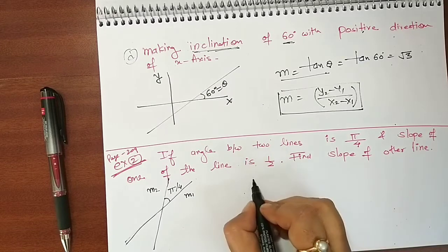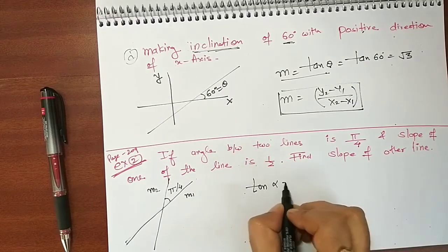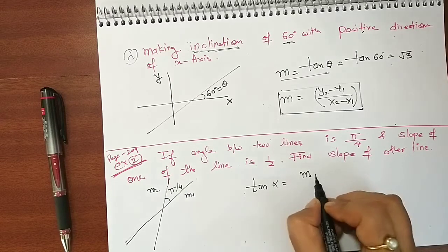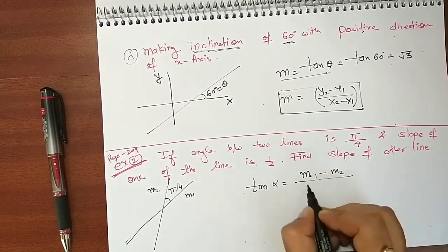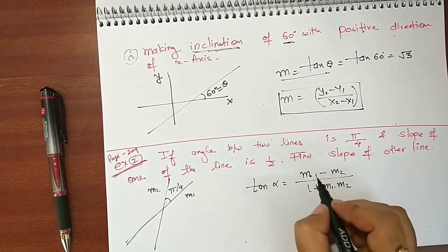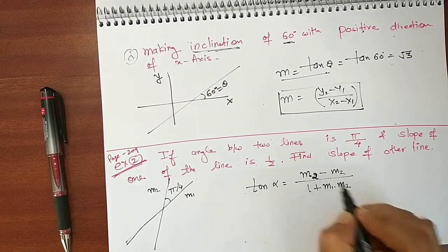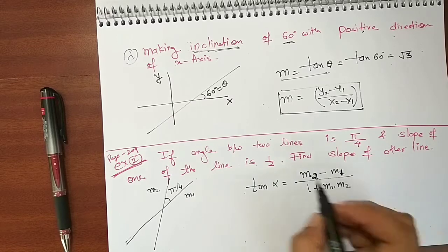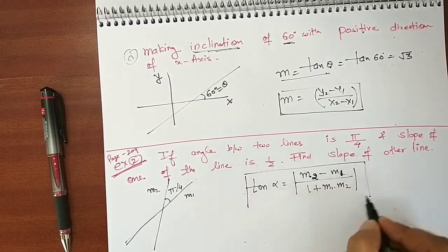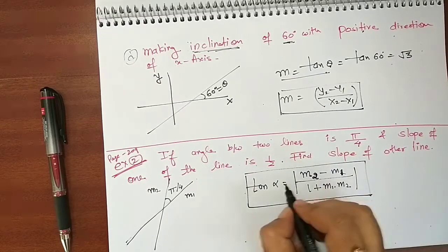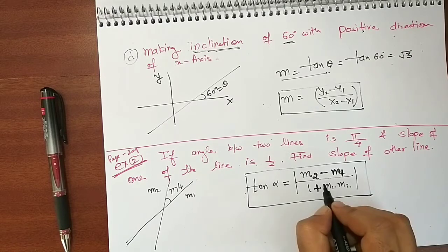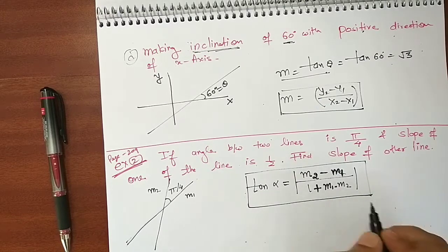Remember, I gave you one formula that tan alpha is m1 minus m2 by 1 plus m1 into m2. Guys, in books it is written m2 minus m1. That is also correct because we are taking mod. Please make it a habit to use m2 minus m1 only. So tan alpha is m2 minus m1 by 1 plus m1 into m2.